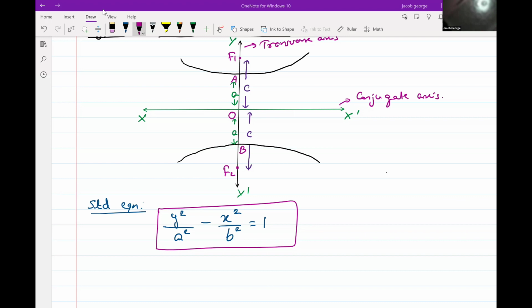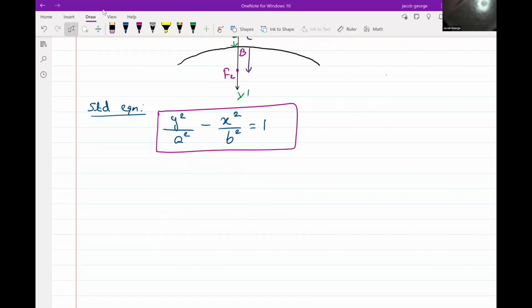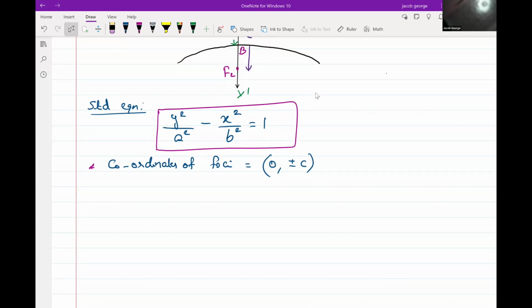So please write coordinates of foci: 0, comma, plus or minus C. Right. Next point.